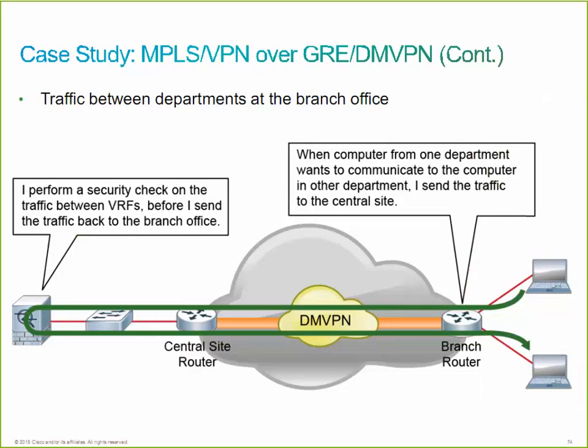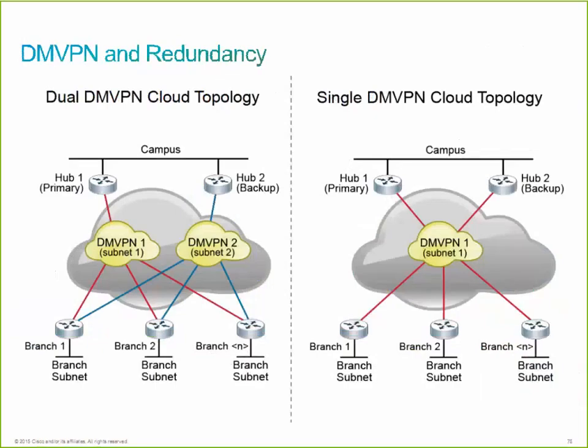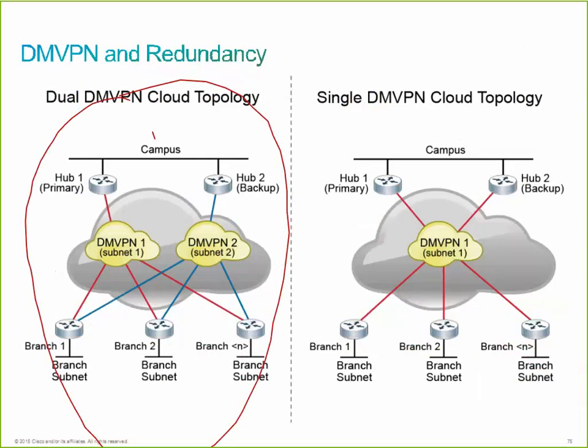Now, we did say in our solution in this case study that we also had multiple hubs. Okay. Now, Aaron and I talked about this. If you want to really keep it kind of simple, although the configuration is a little bit more complex, you can run a dual DMVPN cloud, right?